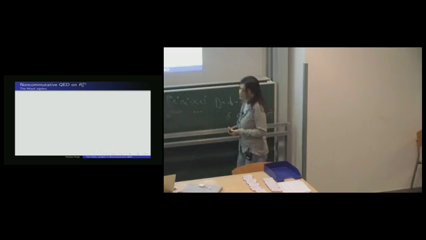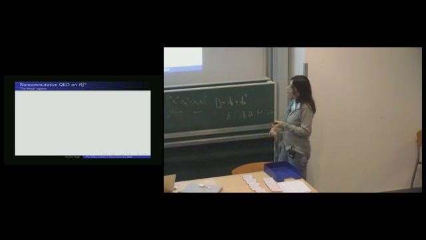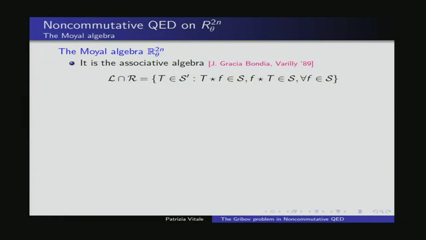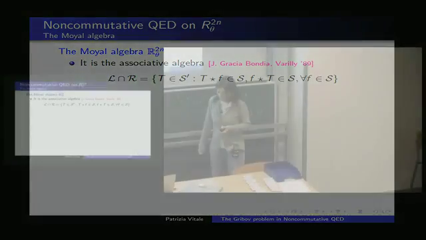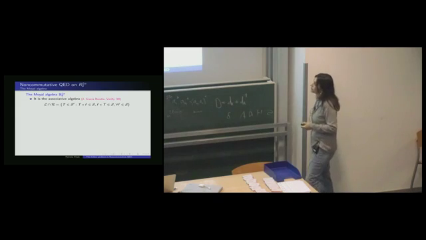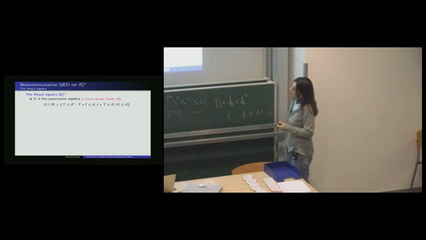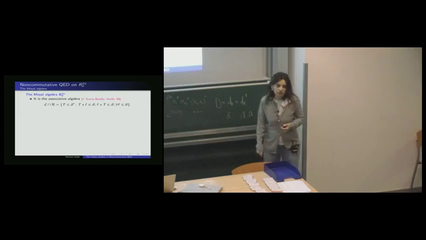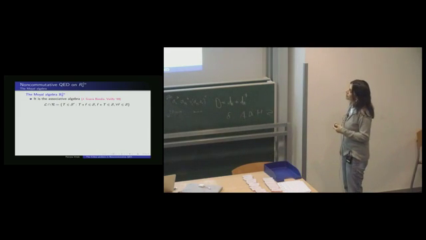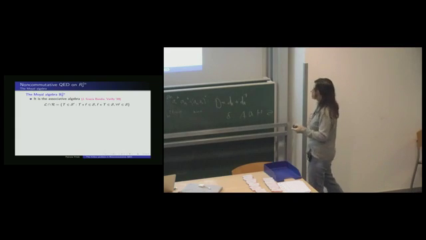So we do expect copies, but let's see how it works. So here I shortly review the notation. This is my Moyal algebra. It is the intersection of the left and right multiplier algebra defined in this way. S are Schwartz functions. This is the dual algebra of Schwartz functions.